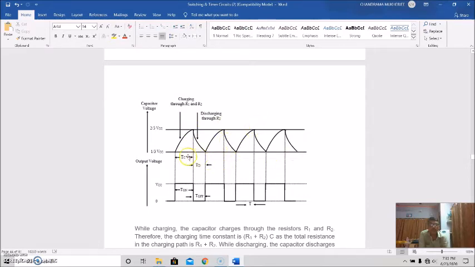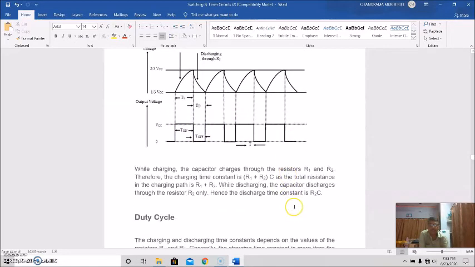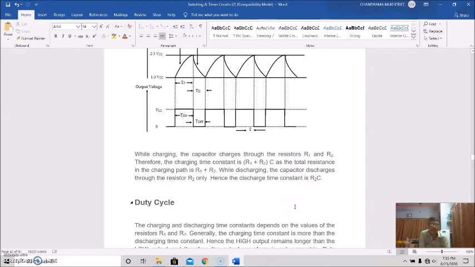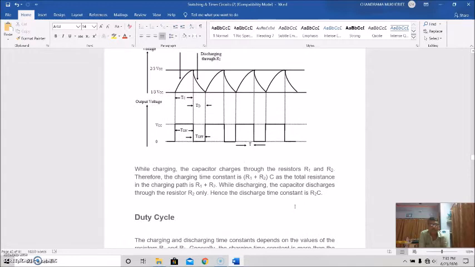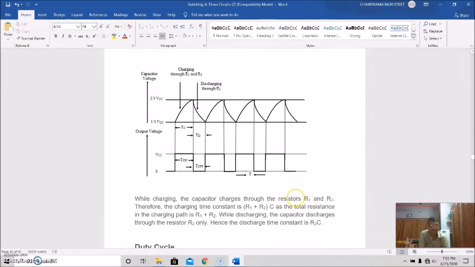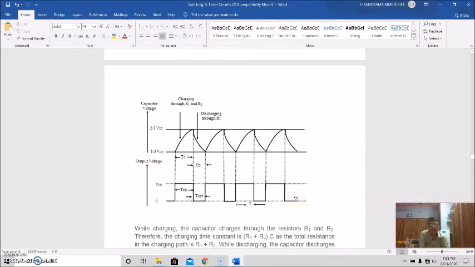So it keeps repeating. This is the charging time constant, this is the discharging time constant, this is the total time, and this is the output voltage. Clear? So with this we can see the operation of the 555 timer as an astable multivibrator.